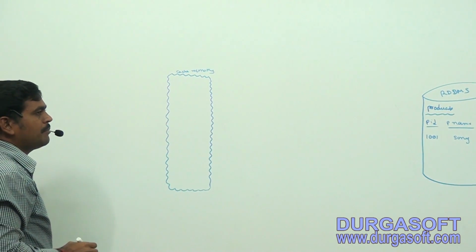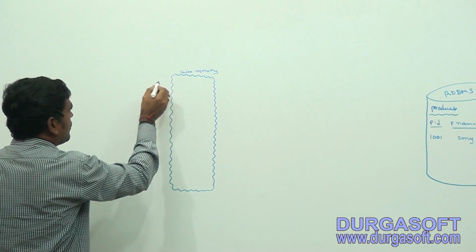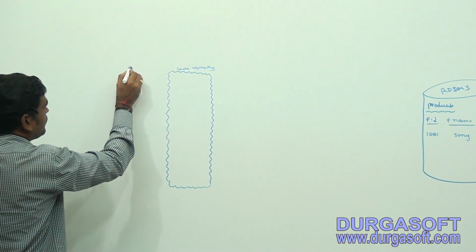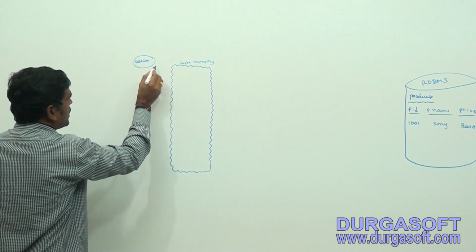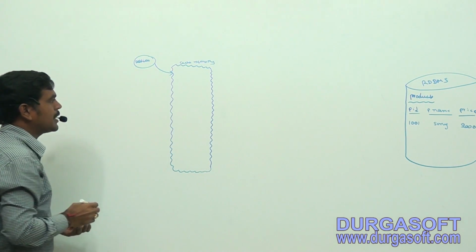Who is going to maintain this cache memory? The session object is going to maintain this cache memory.